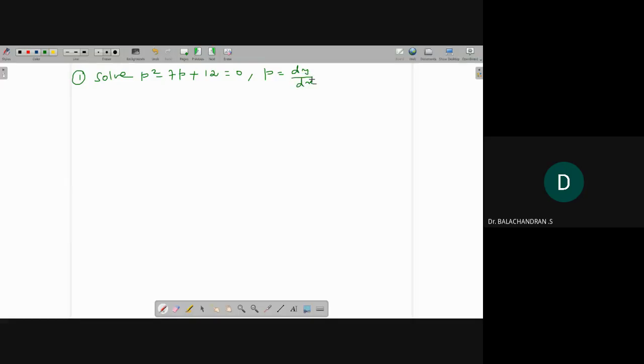We factorize: two numbers whose product is 12 and whose sum is minus 7. So (p minus 3) into (p minus 4) equal to 0. So we have p equal to 3 and p equal to 4.